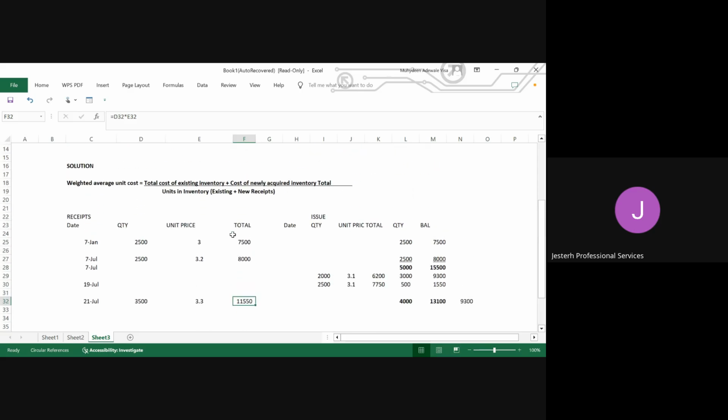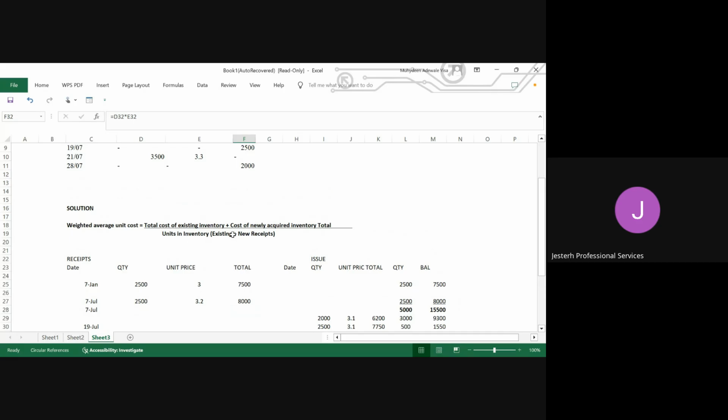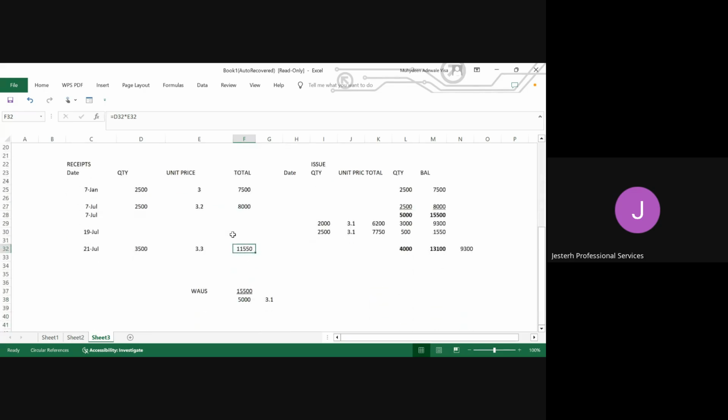Now, you will now go back to the questions. On the 28th of July, the company decided to issue another 2,000 units. I think that is the last unit for the month. Now you come here, 2,000. Now, at what rate are we going to issue these things out? The same approach that we use here is what we are still going to use.